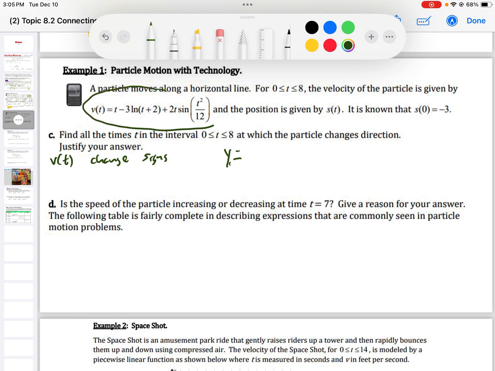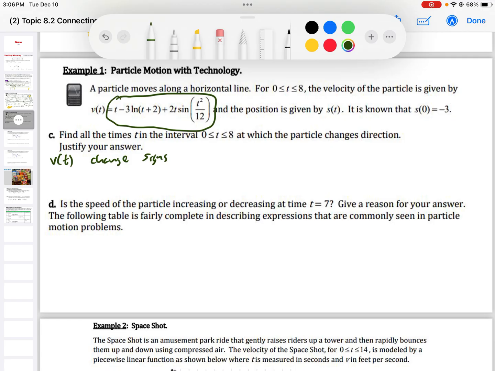So I'm going to go to y equals, I already should have it in there, y1 is equal to just this part over here, but instead of t's I put x's, and I'm going to find all the x values where it actually crosses over the x-axis, not just touches it, but actually goes from negative to positive or positive to negative.